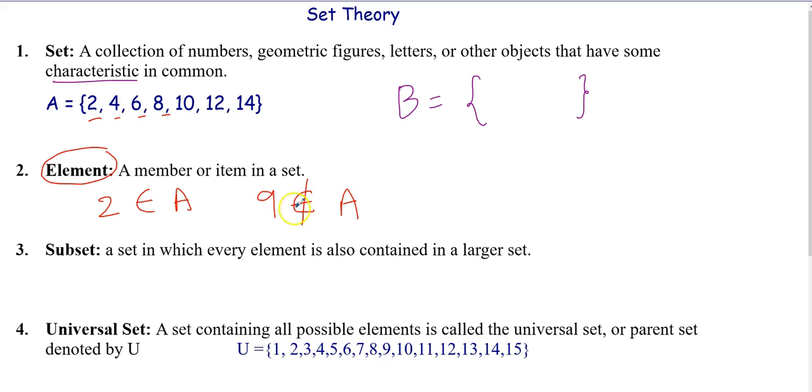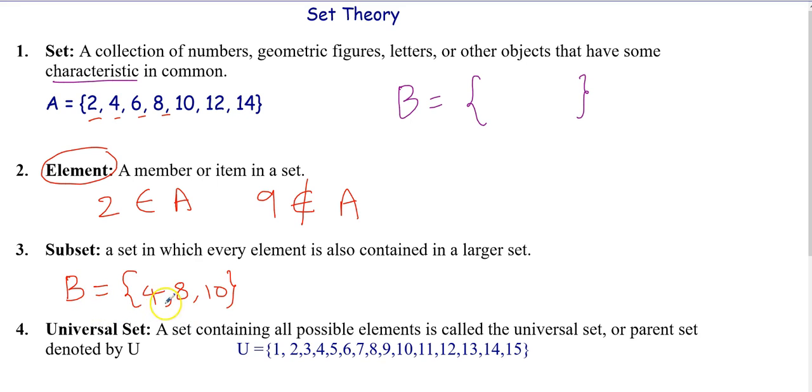Right. Now the third word here I have is subset. A subset is a set in which every element is also contained in a larger set. For example, let me take a set B. B contains, I'll write 4, then 8, 10.